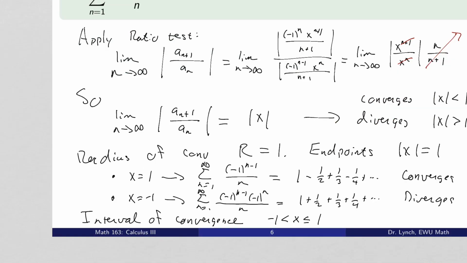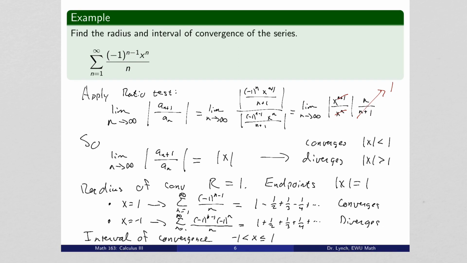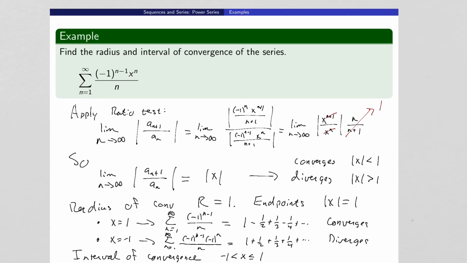So when x is equal to 1, we can see that we have an alternating harmonic series, which of course is convergent. And when x is equal to minus 1, we can see that we have a harmonic series which diverges.